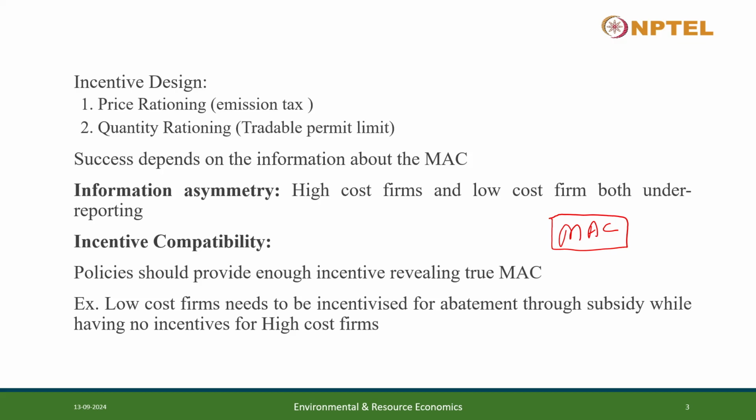So to get more incentive, those firms will not underreport. They will say that I have lower MSC, so I need incentive and I'll reduce the emission, right? So some kind of incentive system should be there so that the true marginal abatement cost curve is revealed.